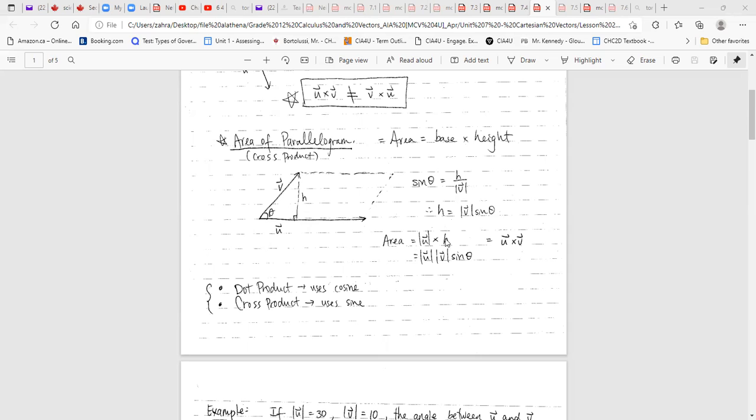So area is u multiplied by h. Instead of h, I put v sine theta. As you see, this is the same as u cross v. So if you want to find the area of the parallelogram, you simply multiply these two vectors, which form this parallelogram.